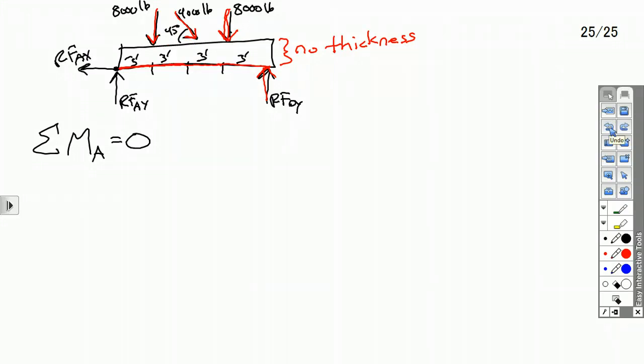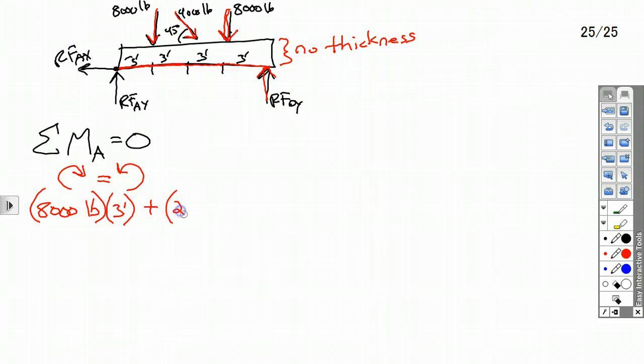Okay, so what's trying to make it rotate clockwise? I'm trying to set up all my clockwise equal to my counterclockwise. So I have 8,000 pounds times 3 feet, plus I have the y component of the 4,000 pound force, or 2828.4 pounds, and that is 6 feet away.